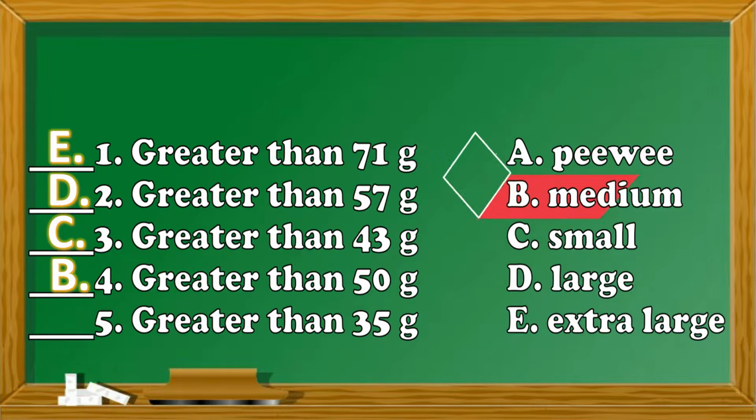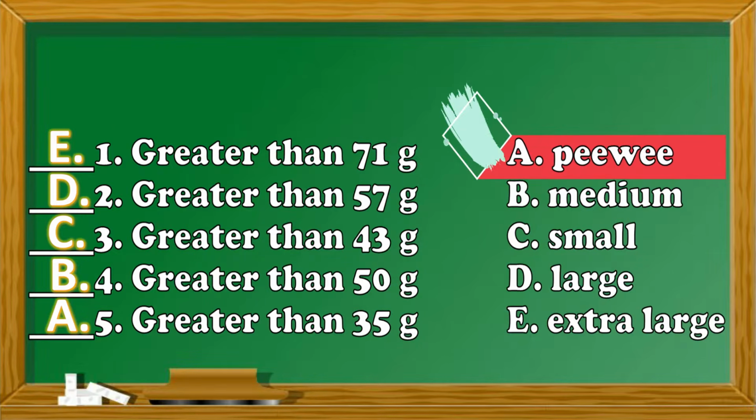You are correct if your answer is B, medium. And lastly, if the egg is greater than 35 grams, it is called letter A, peewee.